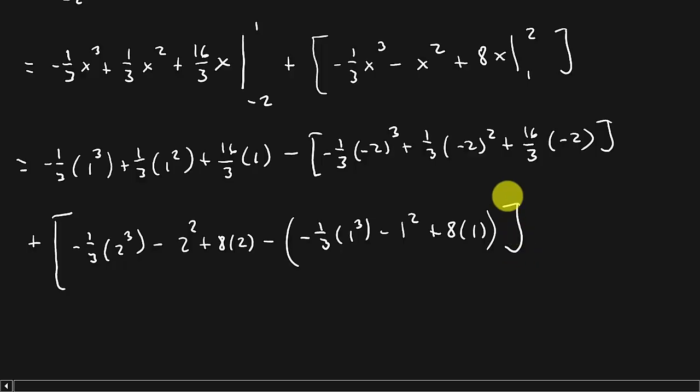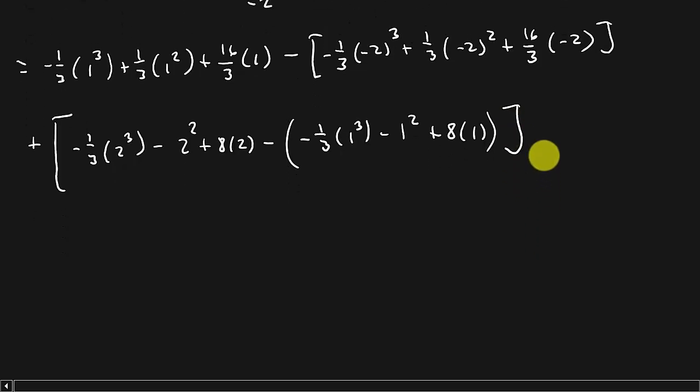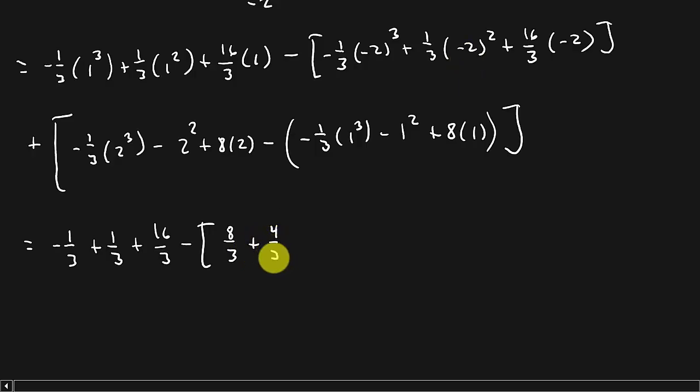All right, so let's see what we've got. We've got -1/3 plus 1/3 plus 16/3 minus, and this is going to be -2 cubed is -8. -8 times -1/3 is 8/3. And then this is going to be 4/3 plus 4/3.